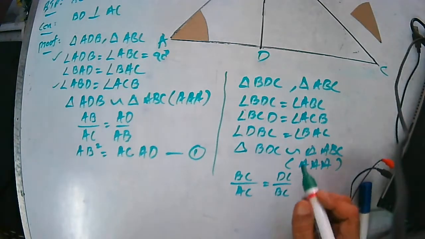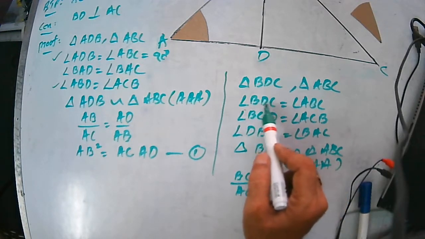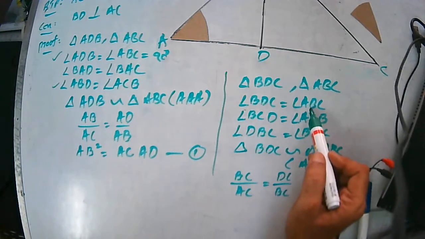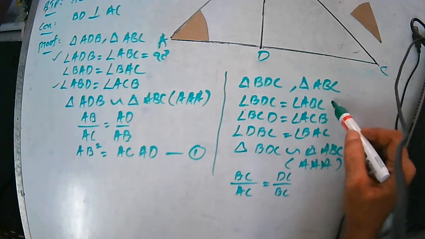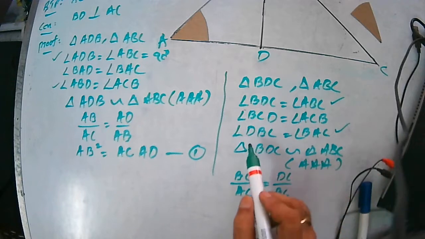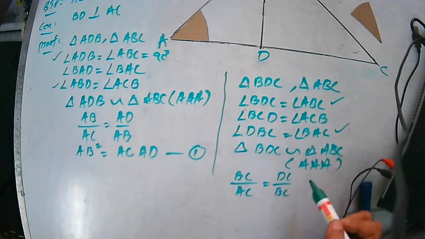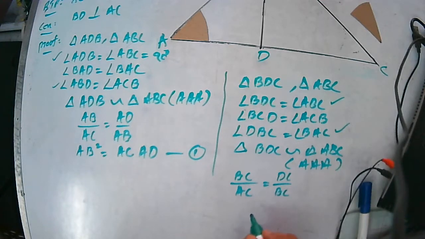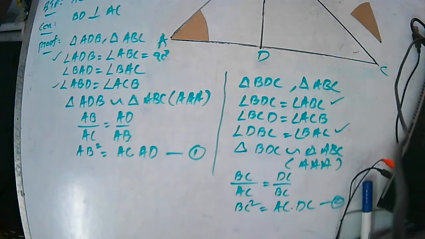So we are taking these two pairs. The opposite side of this angle is BC, for this angle the opposite side is AC, so BC by AC. For this angle the opposite side is DC and here BC. Now again do cross multiplication. BC square equal to AC into DC. So this is the second one.